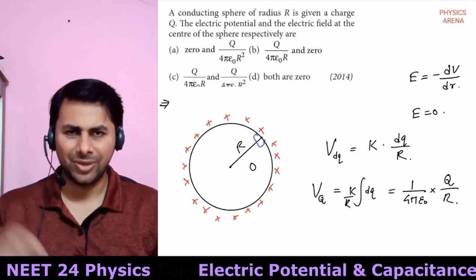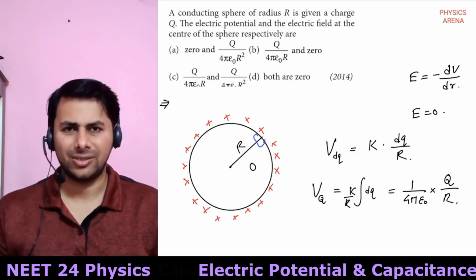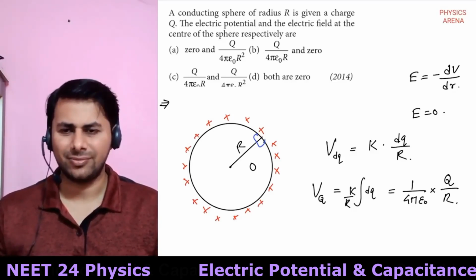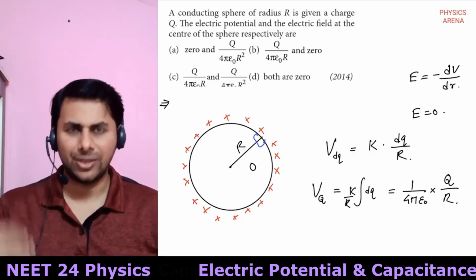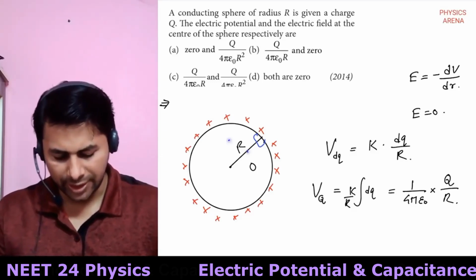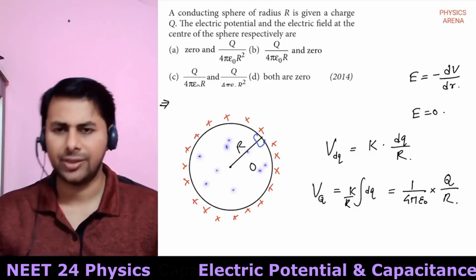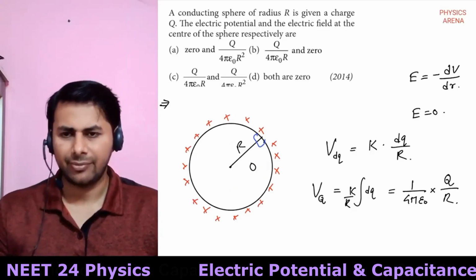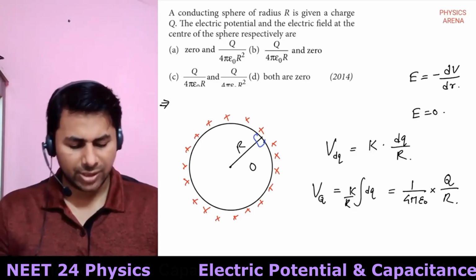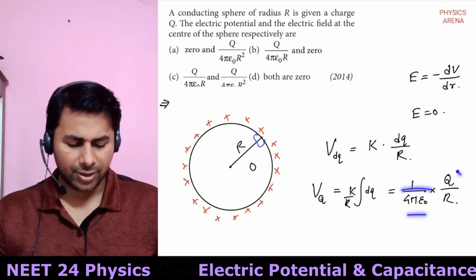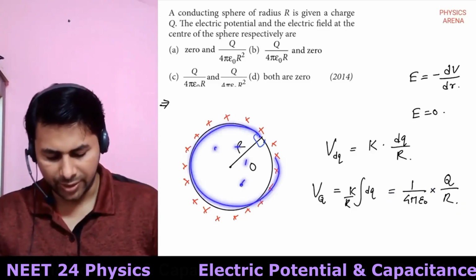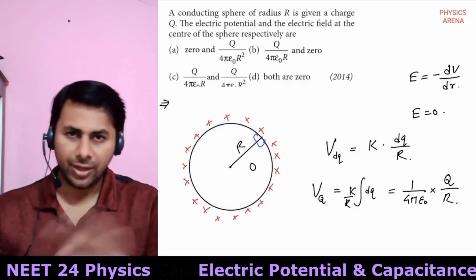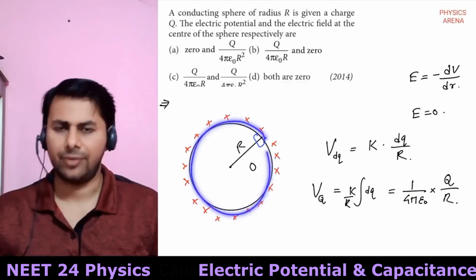The electric field is 0, we know. That means the potential difference cannot be there. The potential difference will be 0, and that means the potential at every point is the same. How much is that? 1 upon 4 pi epsilon naught into q upon r is the potential at every internal point of this spherical shell.